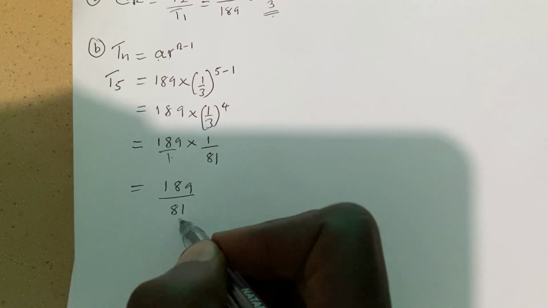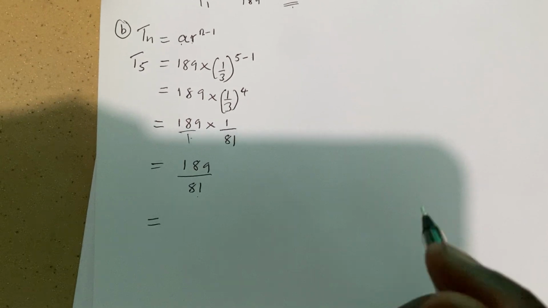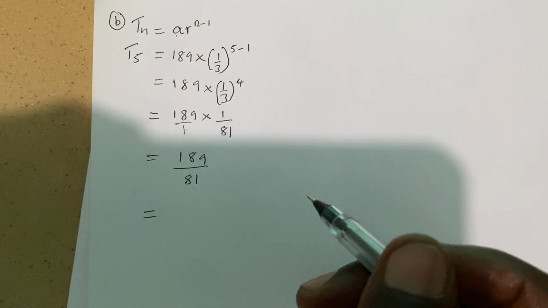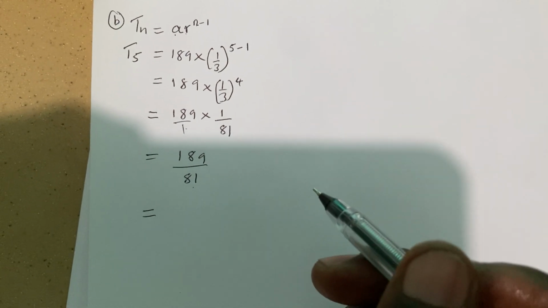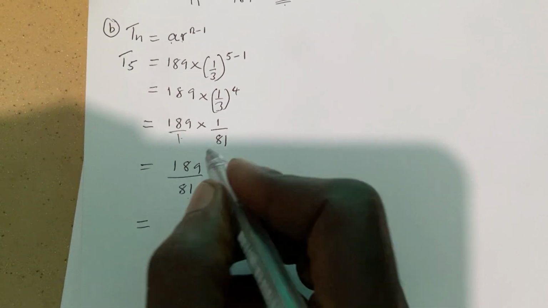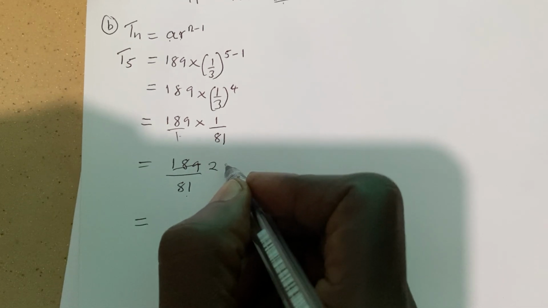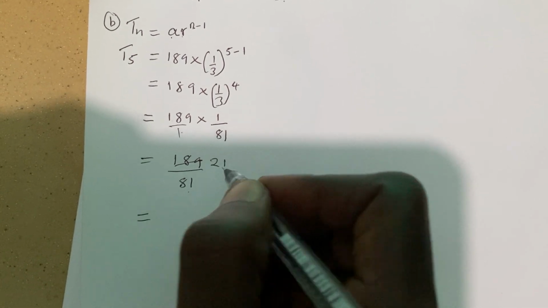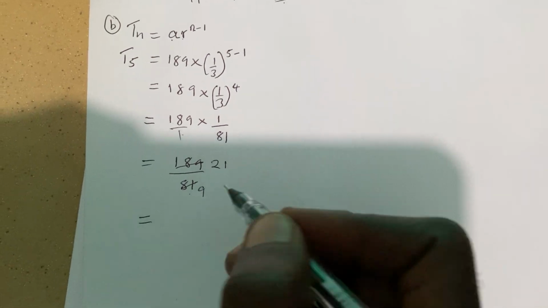So 1 times 81, that is 81. Then you look for a number that can go into 189 and 81, and that is 9. So 9 here goes 21, and 9 here goes 9.